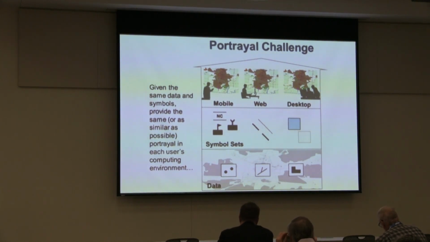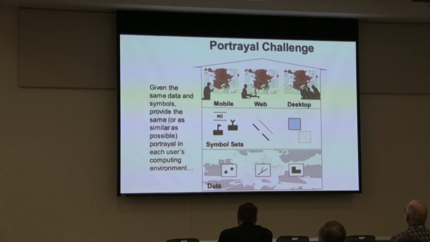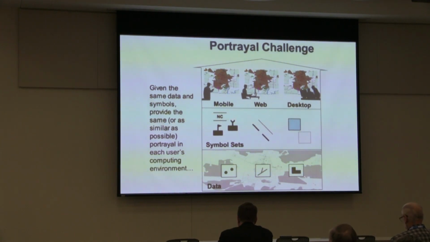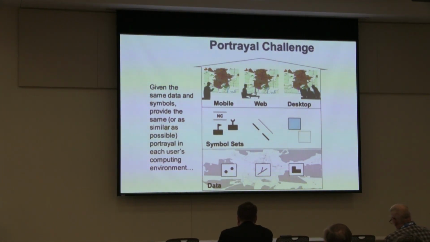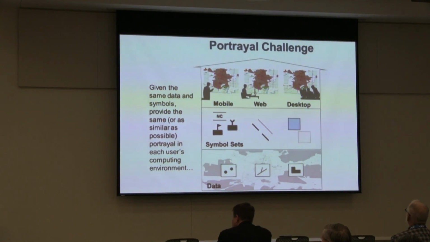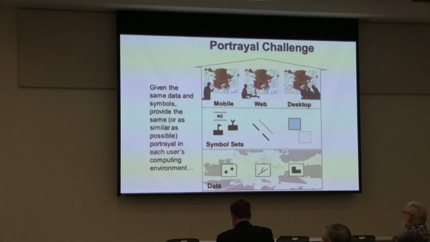So as part of the portrayal concept development study, it became clear that a new portrayal was necessary. So the question became, how do we develop a new portrayal model? So given that if we have some data and symbols, can we provide the same portrayal model to any user computing environment?